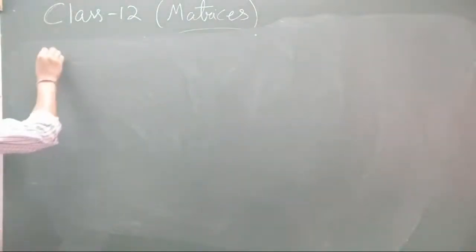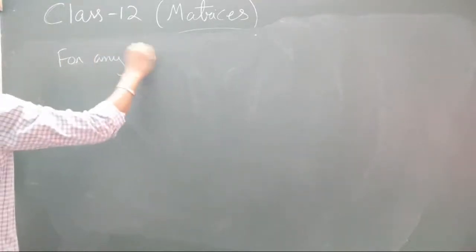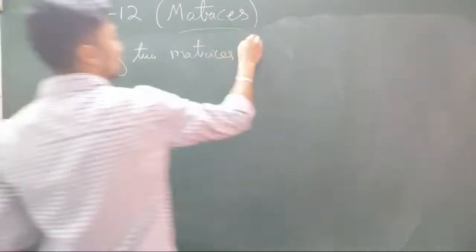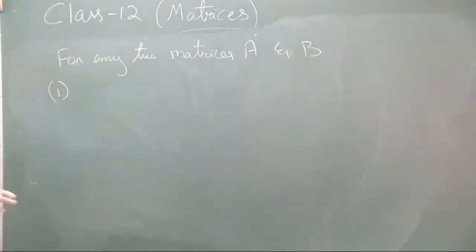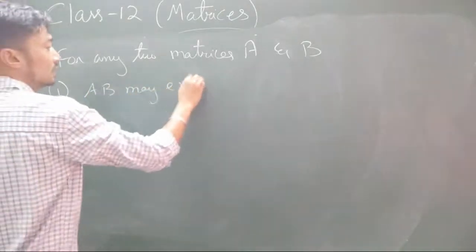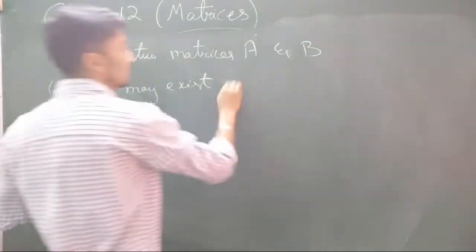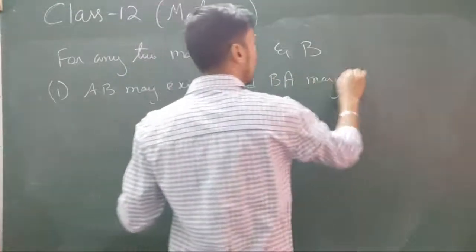For any two matrices A and B, AB may exist and BA may not exist, as we have just seen.